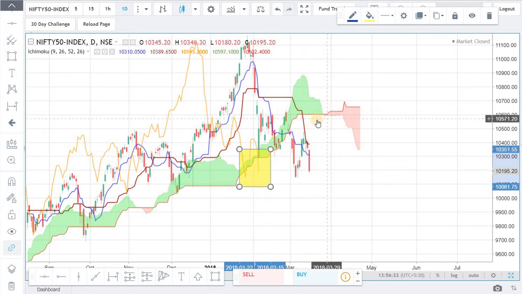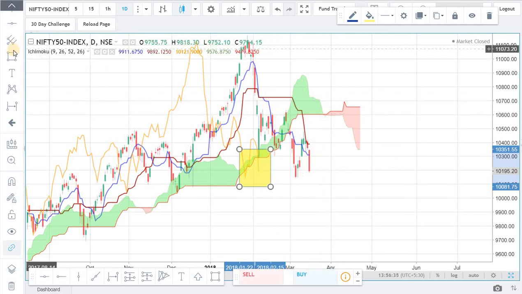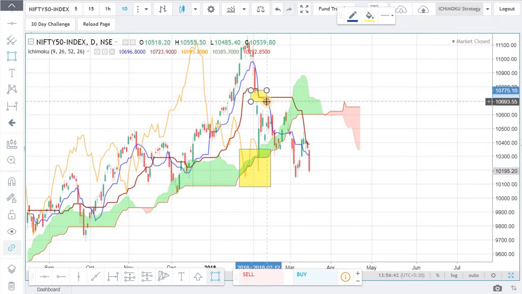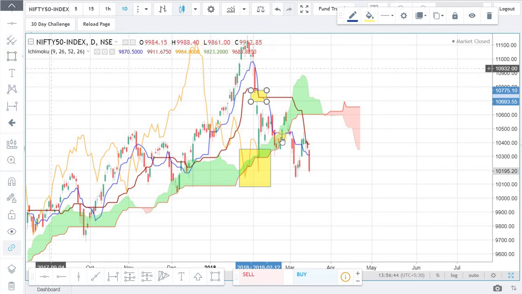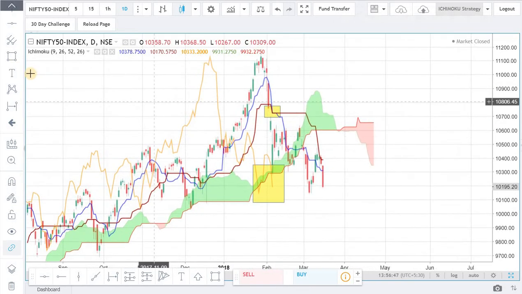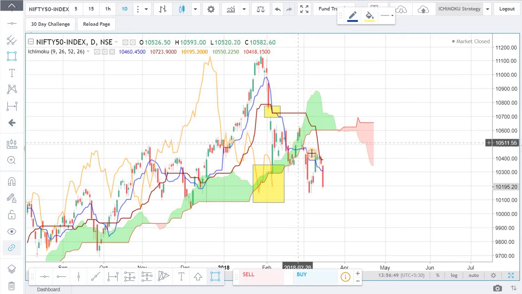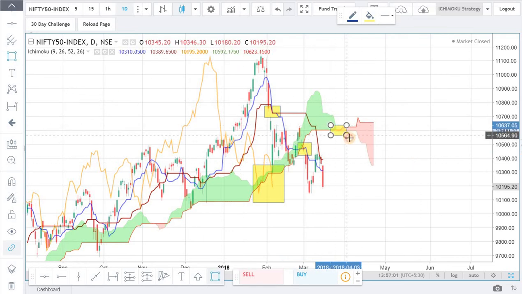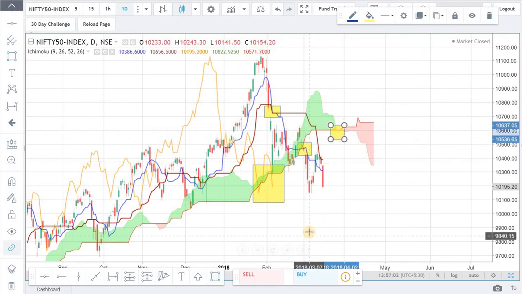This was a minor sell signal over here, and this was a sell signal over here, when the price is breaking out of span B, your 52 period span B. So there are a lot of sell signals over here, which makes me a little bearish on Nifty. Nevertheless, let's see how this works.